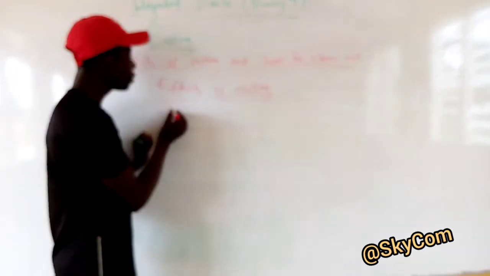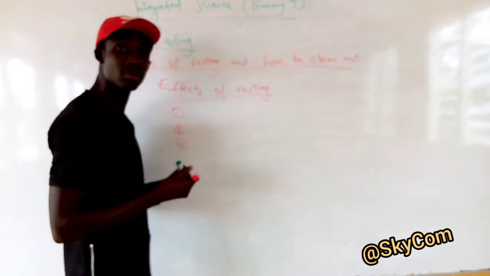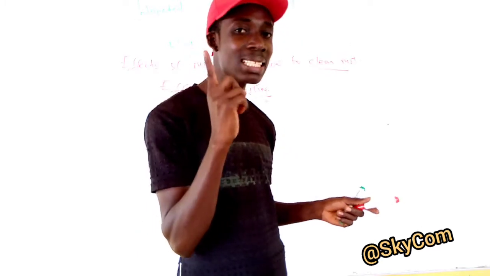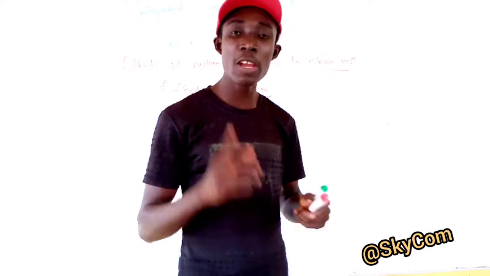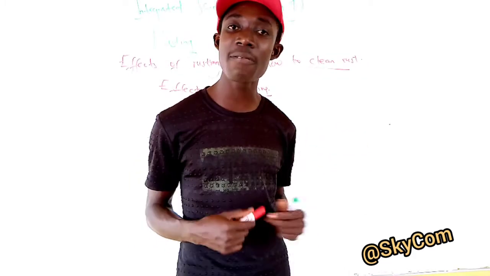What do you think happens to a metal when it gets rusted? Number 1, the shiny surface becomes what? Dull brown. If you remember, when we were talking about metals and non-metals, we said that all metals have shiny surfaces.